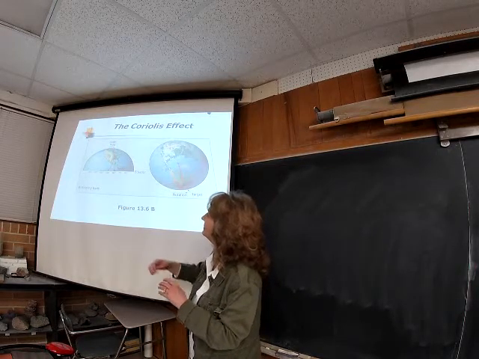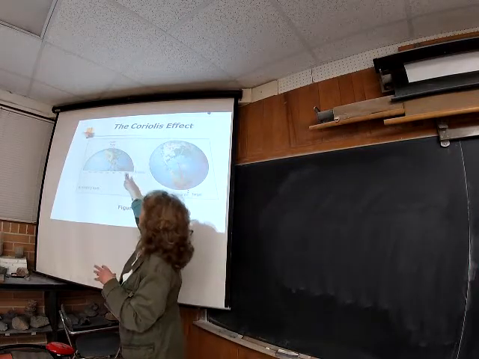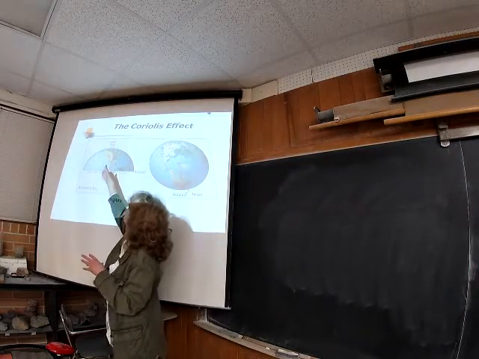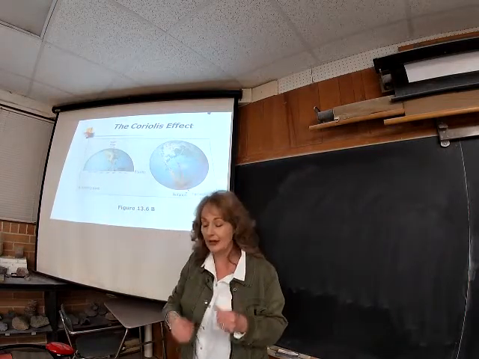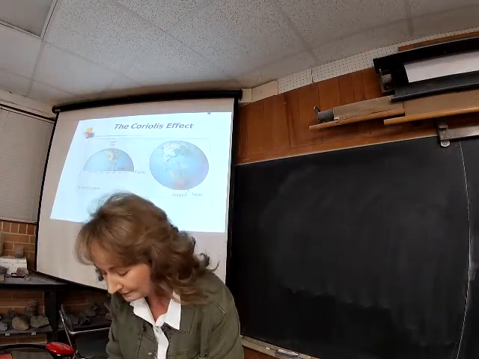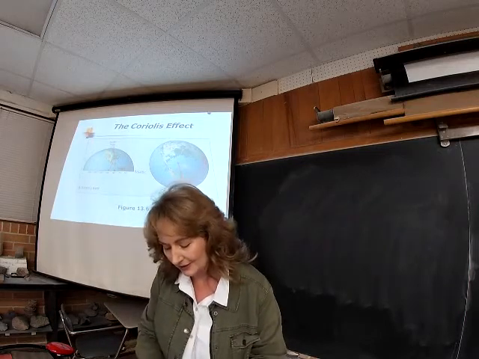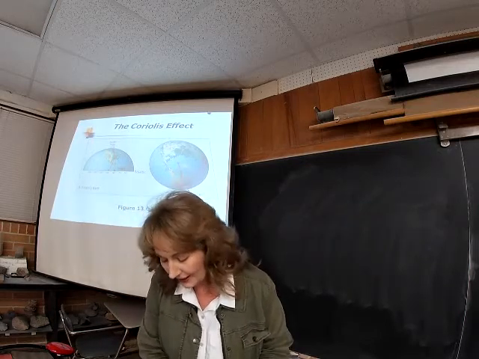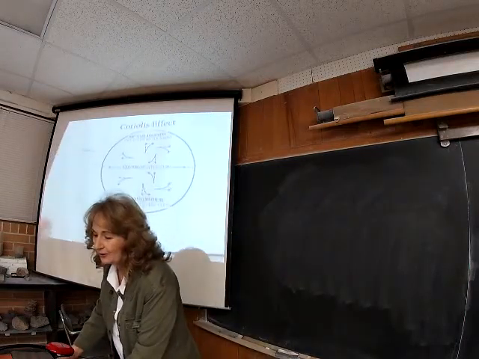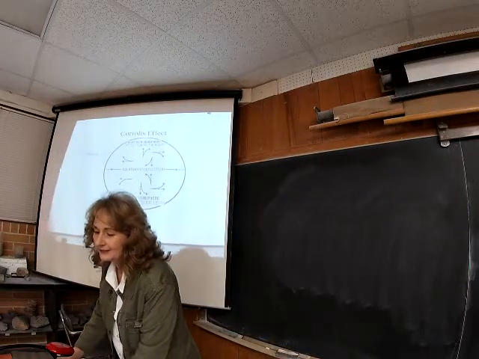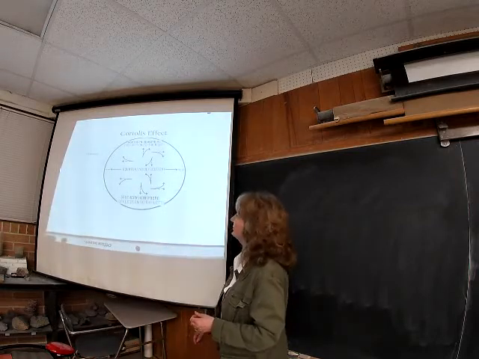So whatever the direction your wind is, it is going to veer off to the right in the northern hemisphere and to the left in the southern hemisphere. I think I've got something here that can show that going many different directions. There's our Coriolis effect, deflection to the right in the northern hemisphere.